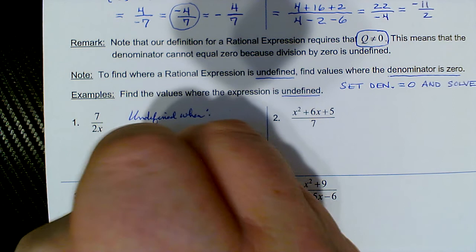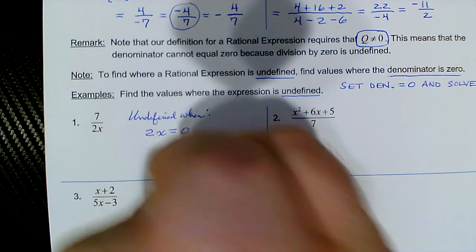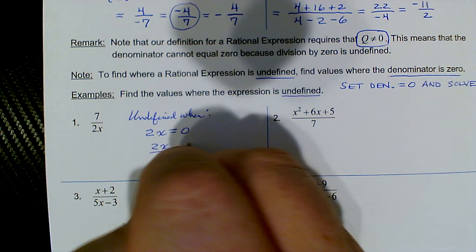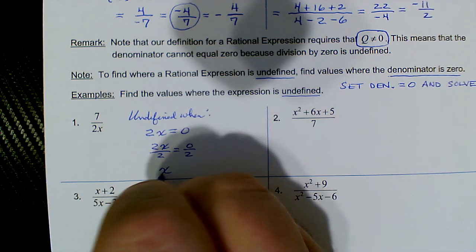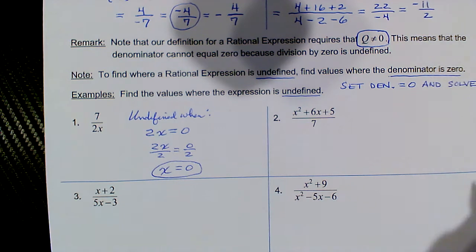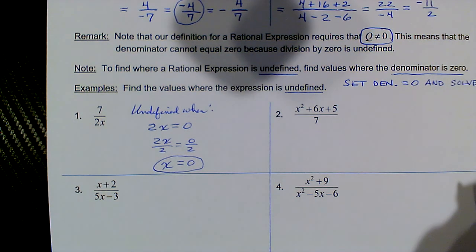And then we just simply solve that, so divide by 2, and so x equals 0. So that would be the value there, where that rational function is undefined.